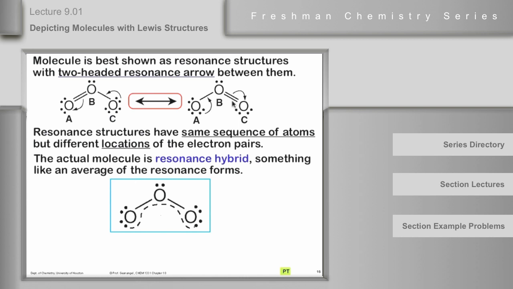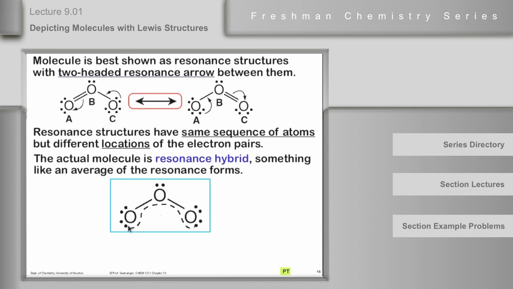What happens is, in the wave mechanical description of this, this pair of electrons is smeared out between those two bonds. Okay? So if you took a snapshot of the atom, it would not look like this one time and that another time. It wouldn't look like either one of those. It would look like something like this. There would be a blurry pair of electrons spread out like a fog across here.